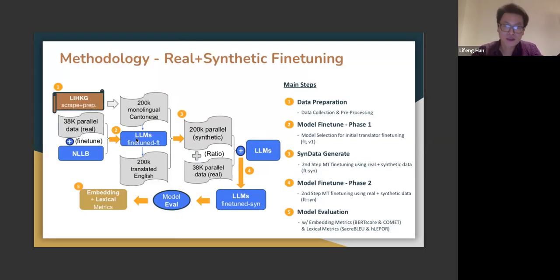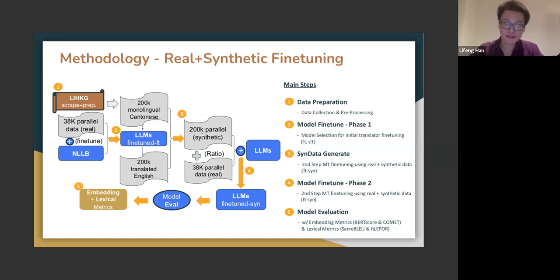Regarding the methodology, firstly, we use 38K parallel real data to fine-tune No Language Left Behind. We got a fine-tuned initial model. Using this model, we translate 200K monolingual Cantonese sentences into English. So we got a 200K parallel synthetic corpus.